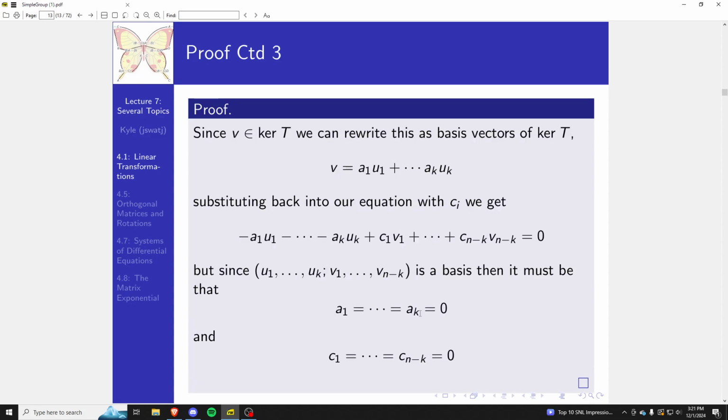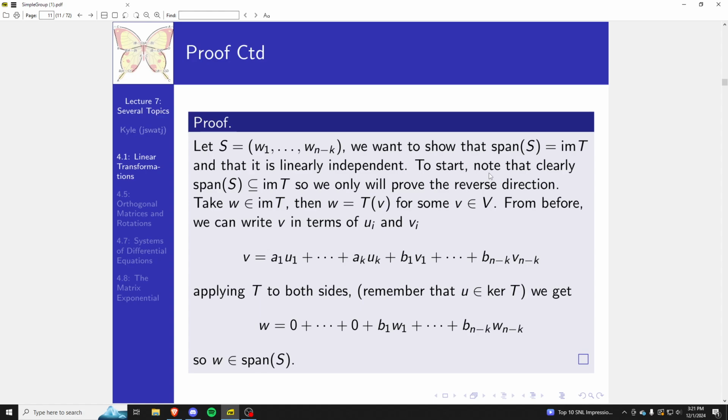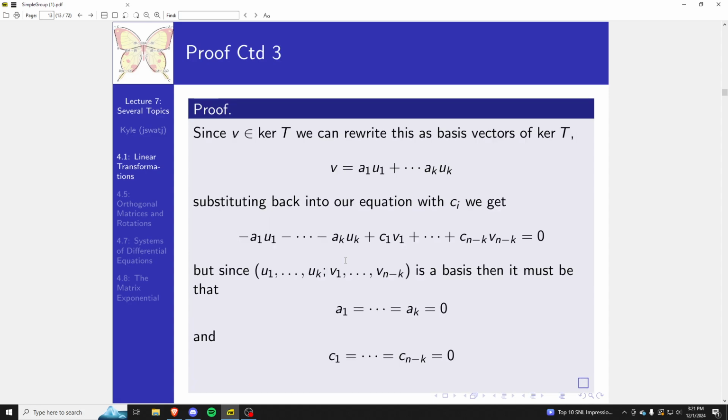And so since v is in the kernel, we can rewrite it using the basis vectors, which are all of these u's from before. And we can substitute it back into our equation with ci. And that equation was back here, I believe. No, sorry. Oh no, yes, sorry, we plugged it in here. We brought it to the other side.